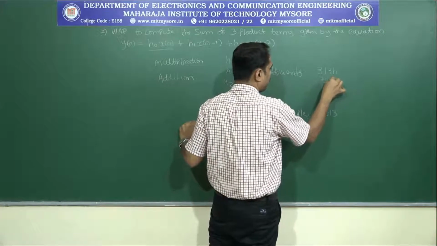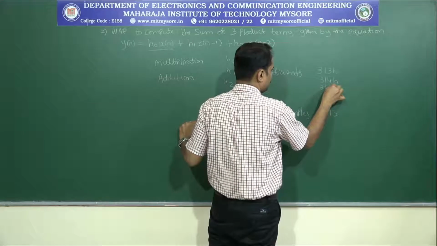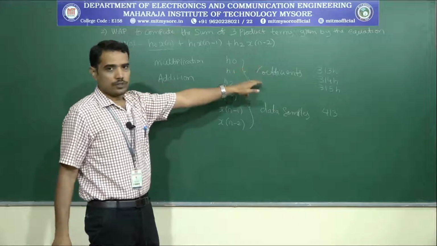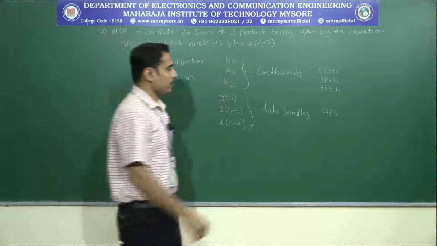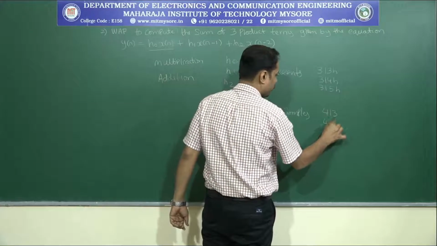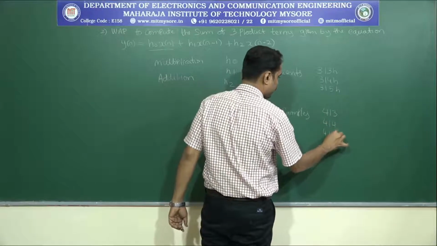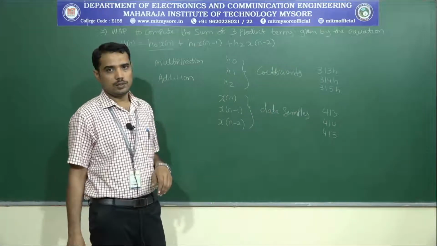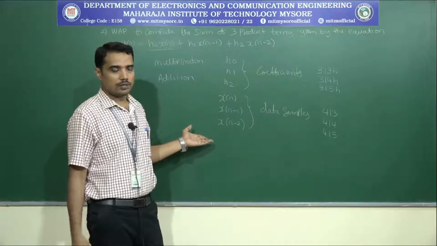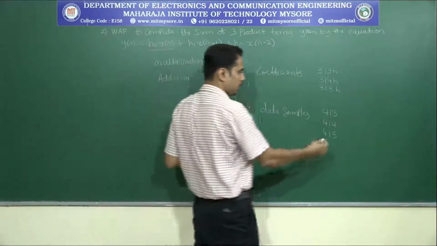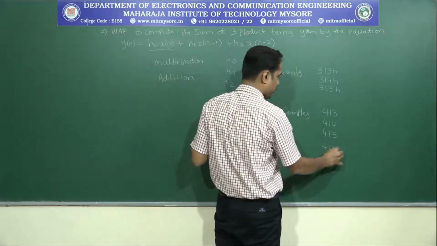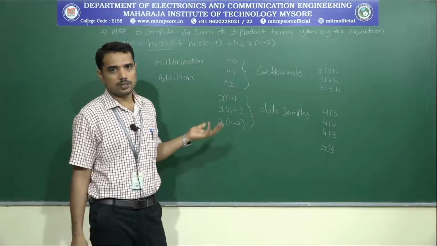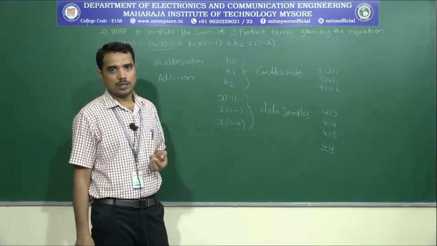So 313, 314, 315 for coefficients, successive memory locations, and 413, 414, 415 for the data sample locations. After computing, we can store the result in 416 or in 316. In either memory location, we can store the computed result.